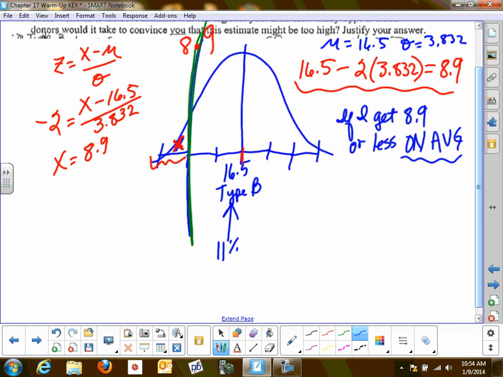So if I got less than 8.9 on average, or maybe we should say this: if I get less than 8, I don't use the average word, and I would have to say real possibilities. Actually it's 8 or less, because 8's included. So if I got 8 or less, then I would be alarmed.